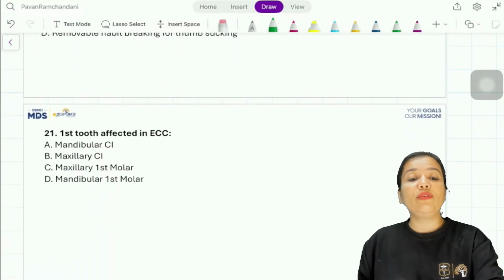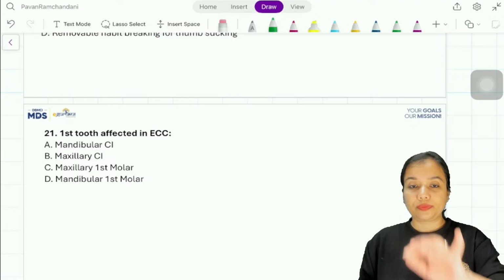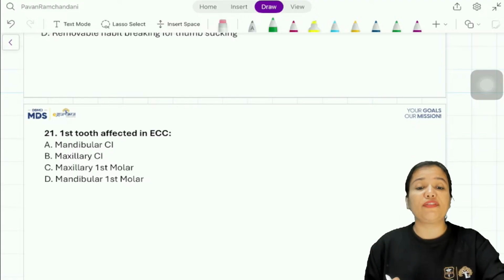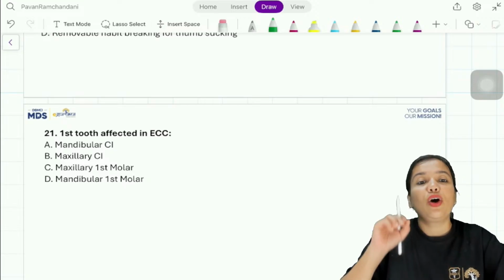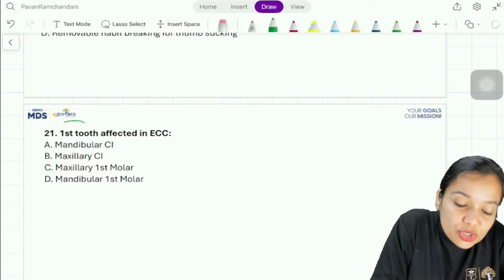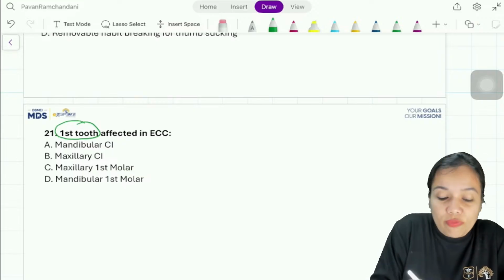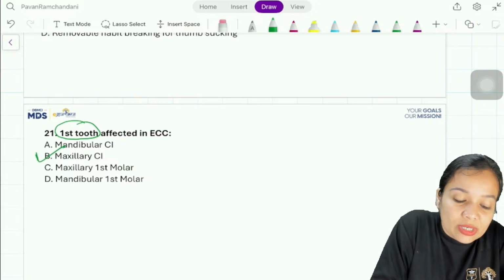Question number 21. The first tooth affected in dental caries in ECC is which one? So the first tooth that is affected is always a maxillary central incisor.